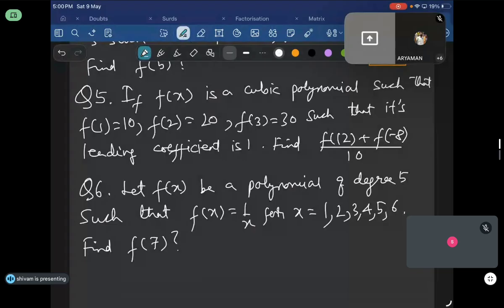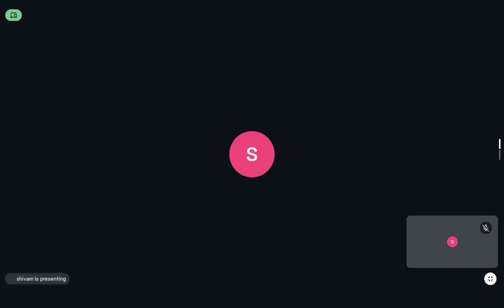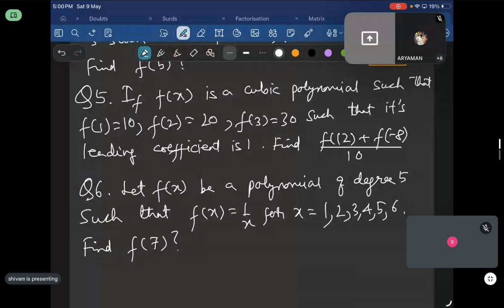Yes, Rishabh, number 5 is correct. Okay, I'm starting with number 5.